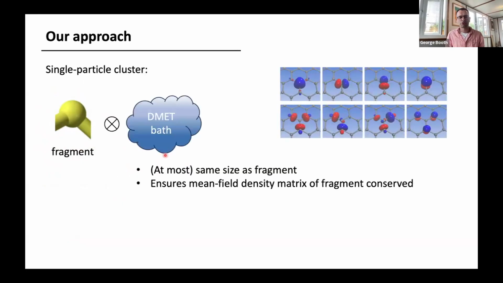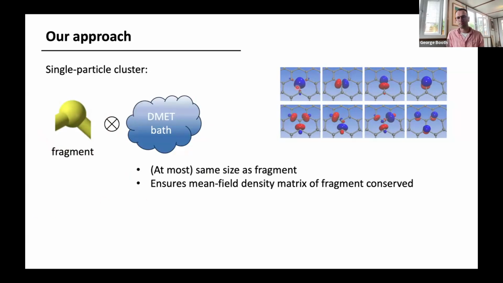Then what we want to do is couple that, first of all, to the density matrix embedding theory bath, right? So this is the bath space that will reproduce the one-body mean field density matrix over the fragment space. And due to the property of the Schmidt decomposition, the number of bath orbitals required to reproduce this instantaneous part of the local Green's function has to be at most the same size as the number of degrees of freedom on each fragment.